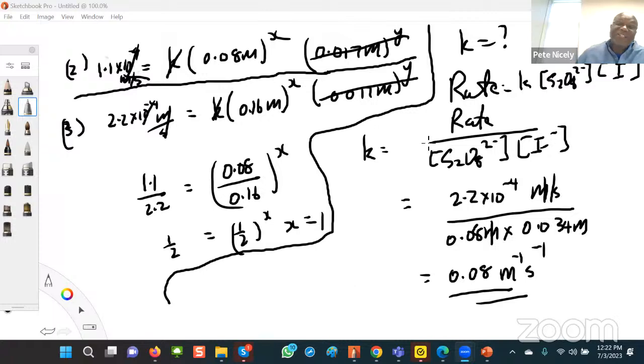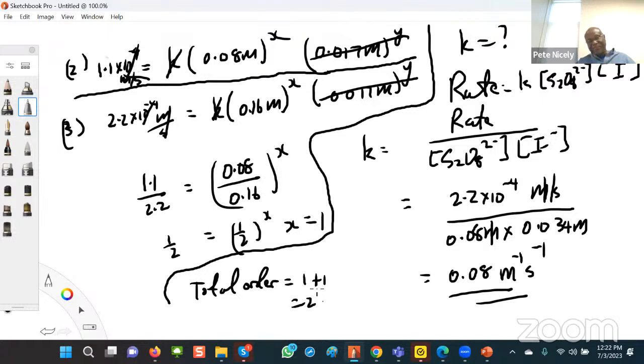In this particular case, the total order would be 1 plus 1. Let me write this down. Total order would be 1 plus 1, which is 2, in this particular case, all right? Okay. Any other questions? Any other questions?